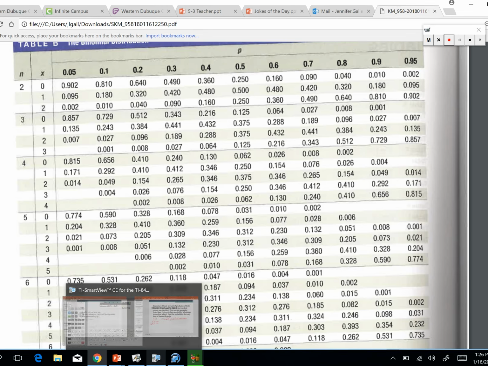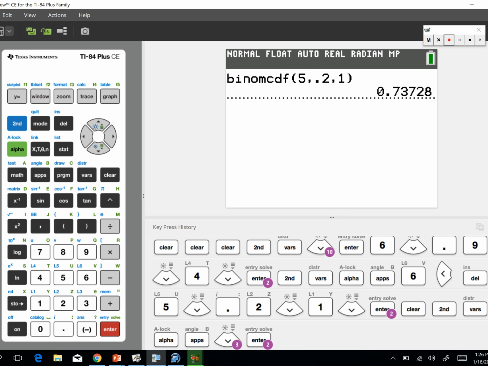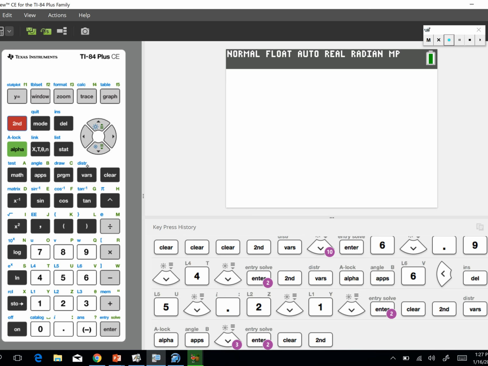Your other option is the calculator. The calculator steps are on page 286. If you want to know where kind of the step-by-step is, that's actually written out for you. But I just want to go ahead and walk you through it. On page 286, we go second, and then the VARS key.